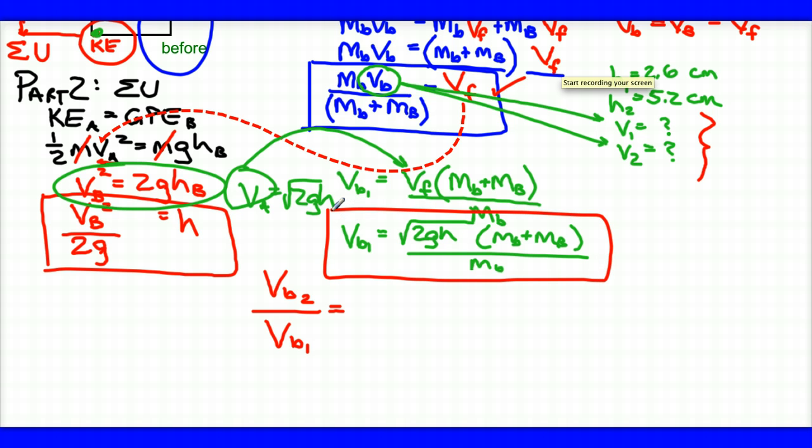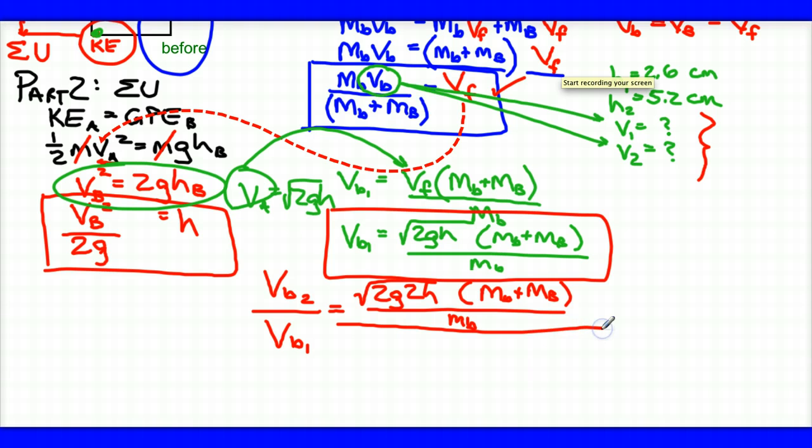So now I can say, all right, the velocity of the bullet in case 2 is root 2g(2h), right, because it went twice as high, times (m_b plus m of the block) over the mass of the bullet. And then all of that, this is a complex fraction, is over the same expression for the velocity of the bullet in case 1, which is root 2gh times (mass of the bullet plus mass of the block) all over mass of the bullet.